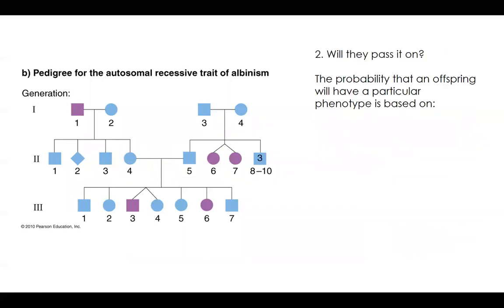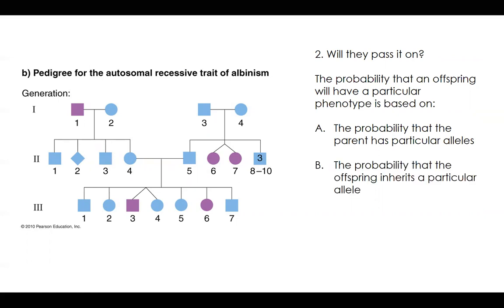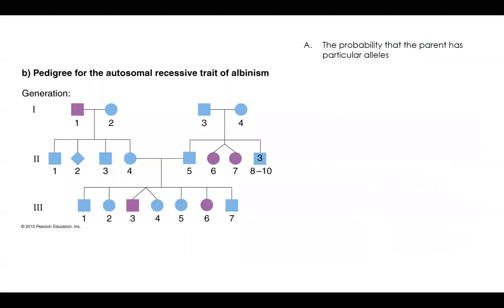Okay, so the probability that an offspring will have a particular phenotype is going to be based on both the probability that the parent has particular alleles, so are they carriers or not, and whether, if they are a carrier or do have that allele, they actually give it to the offspring to begin with. Okay, so let's start with the probability that the parent has particular alleles.